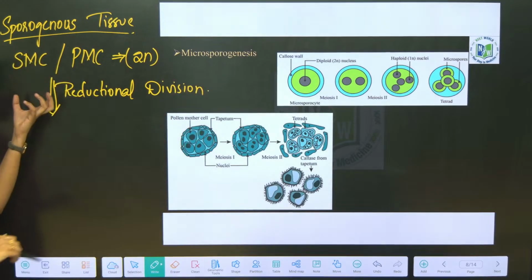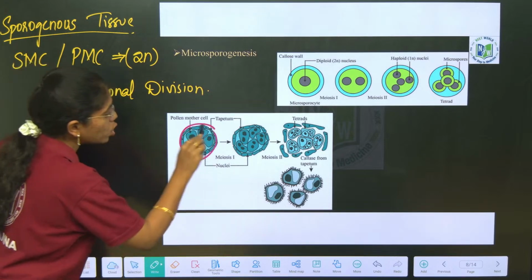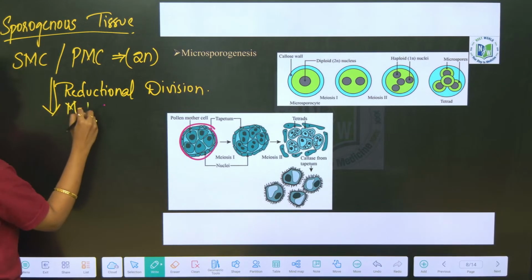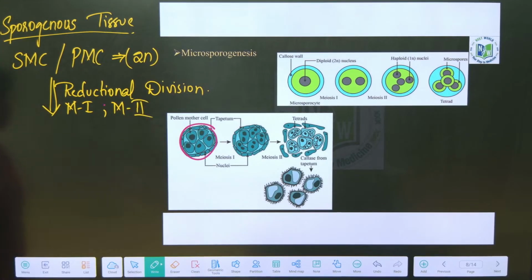Before undergoing division, one point should be clear: each spore mother cell is covered by a callose wall layer. After reductional division, that is after meiosis 1 and meiosis 2, 4 daughter cells are formed.